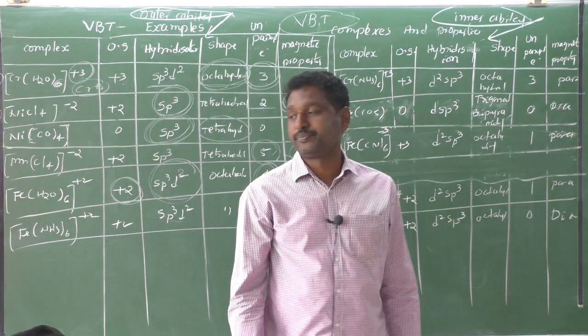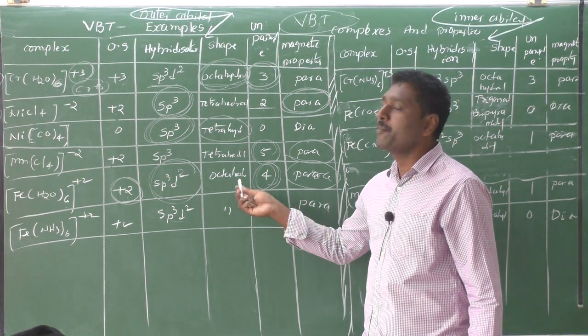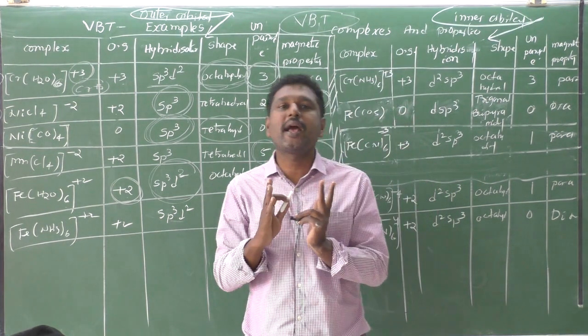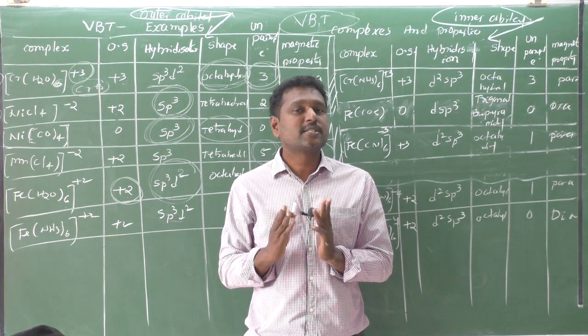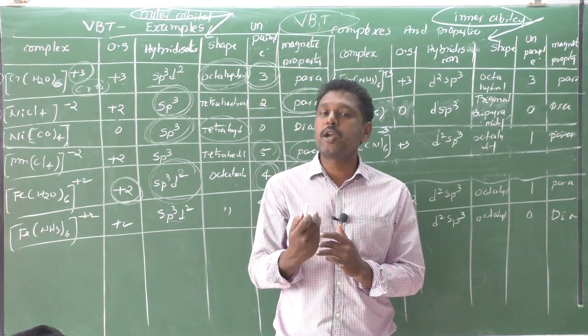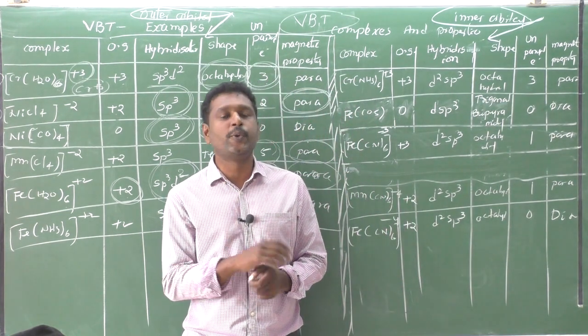Paramagnetic nature. Octahedral means that if 6 ligands are bonded around the central atom, then its hybridization is sp3d2 or d2sp3. If it is an outer orbital complex compound, its hybridization is sp3d2.